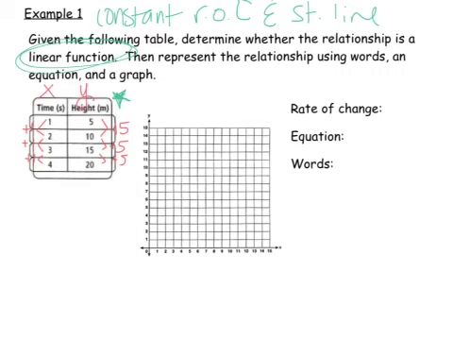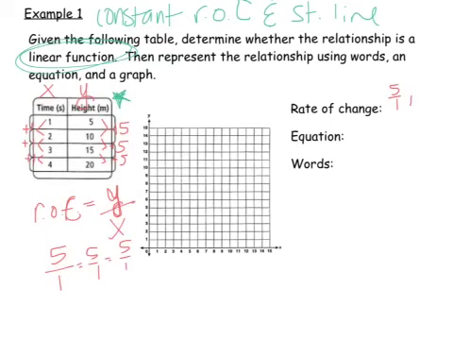Rate of change is y over x, so we always have 5 over 1, and they're all the same, so that's our rate of change. We can say either 5 over 1, or just 5. It's going up by a constant of 5. Because it's a constant rate of change, it is linear.